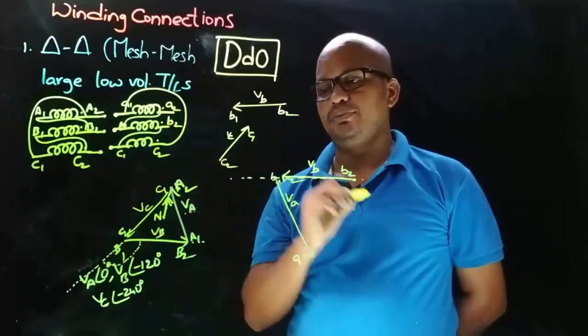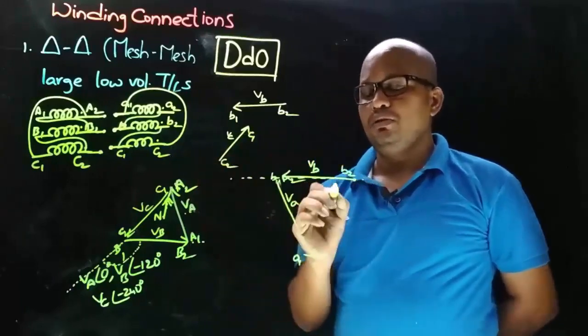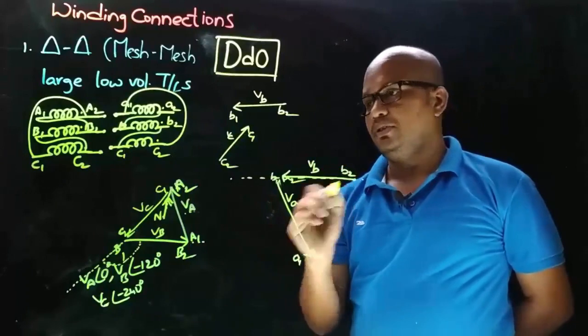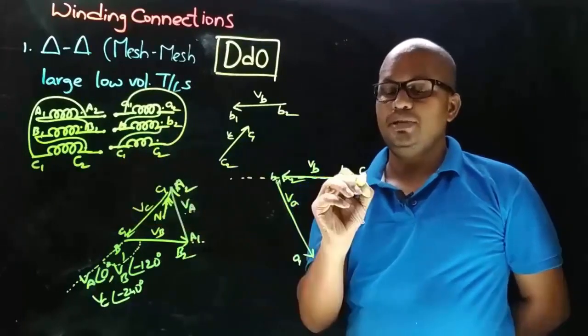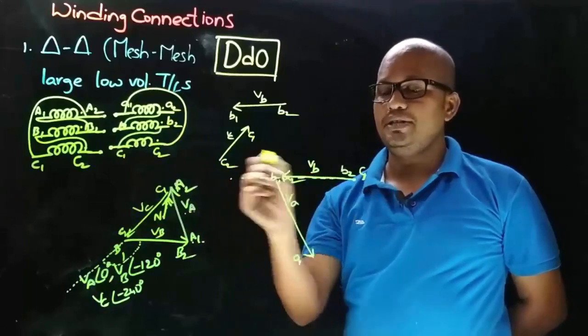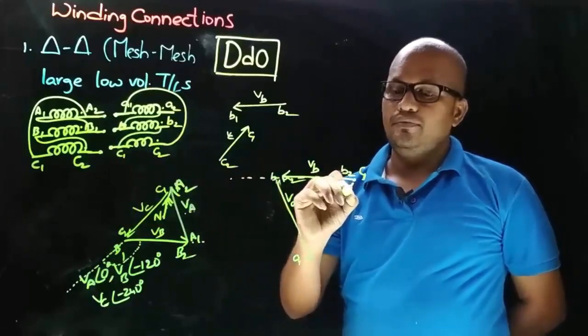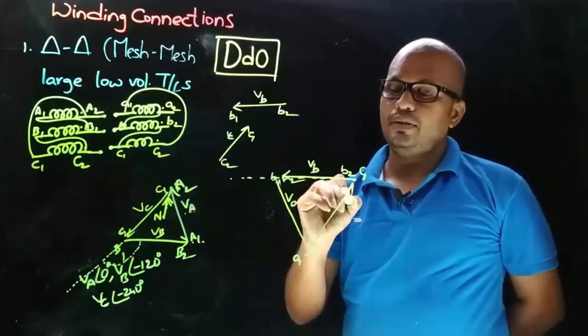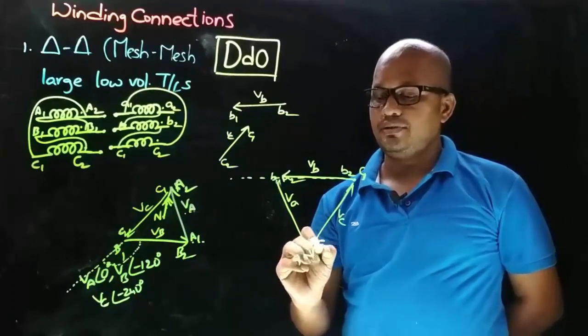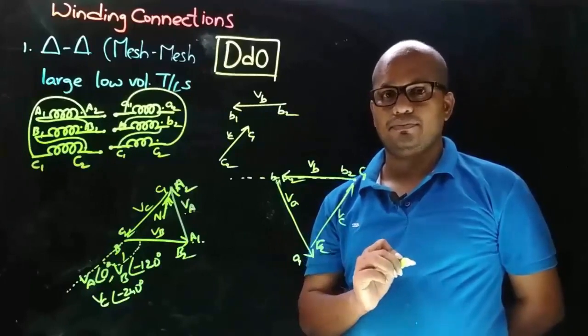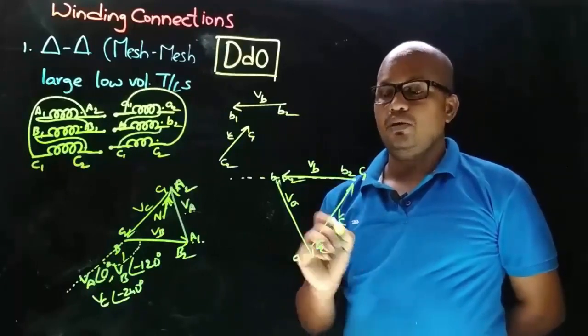So this is C2. Okay, now coming to this phasor diagram, to this B2 C1 is connected, means C1 will be here, means the VC phasor will be like this. So this is C2.